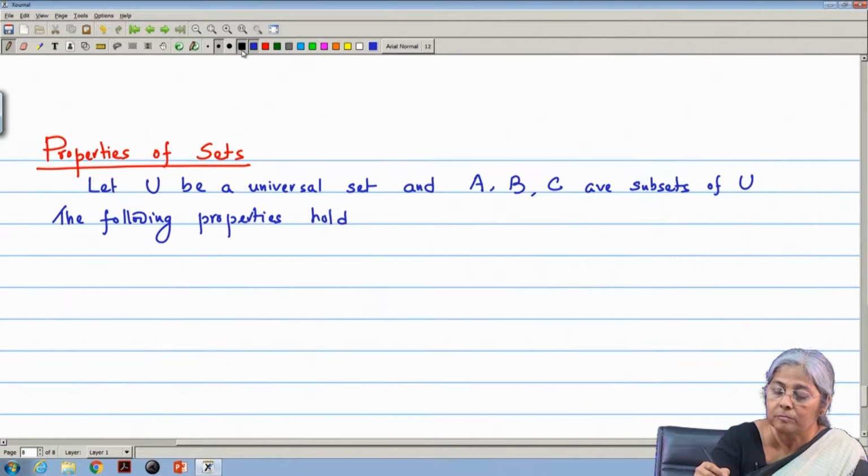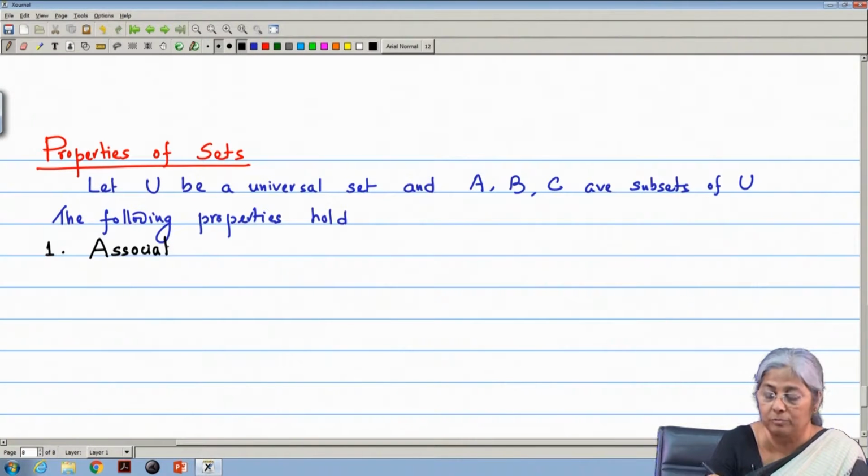So, the first property we give the serial number 1, and we call these properties the laws, since we can prove them.